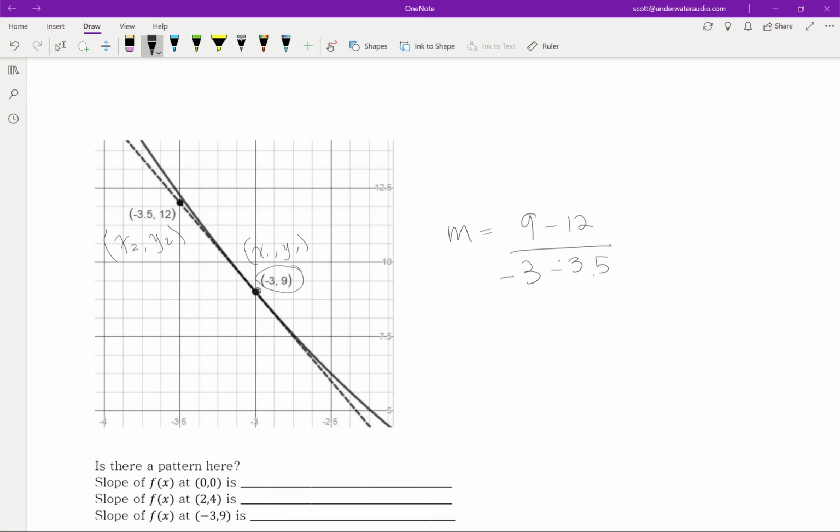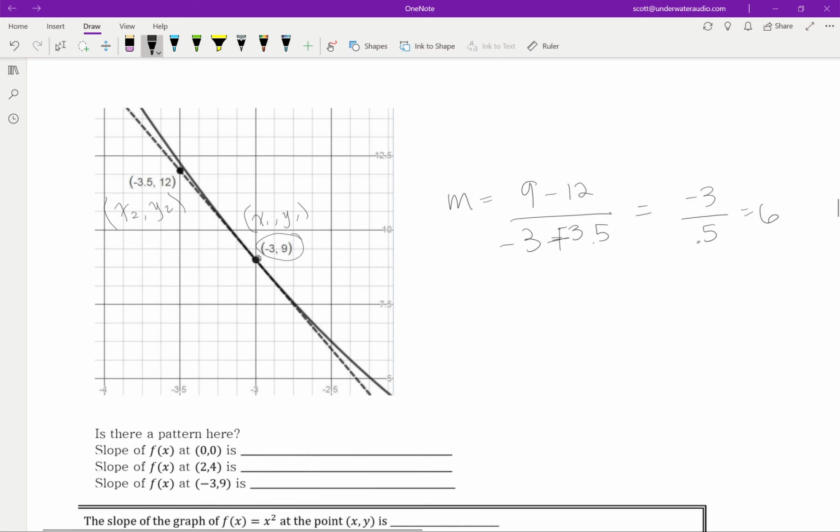That is important. Okay, 9 minus 12 is -3, and -3 minus -3.5, oh, almost made a mistake. So a minus is a plus. So -3 plus 3.5 is 0.5, which gives us a -6.